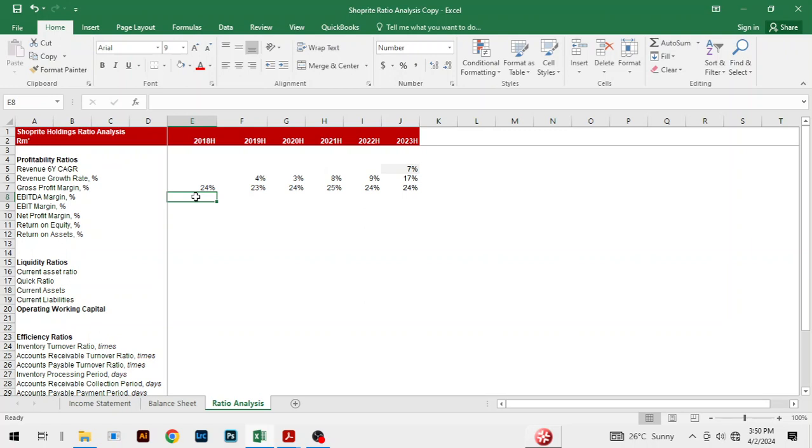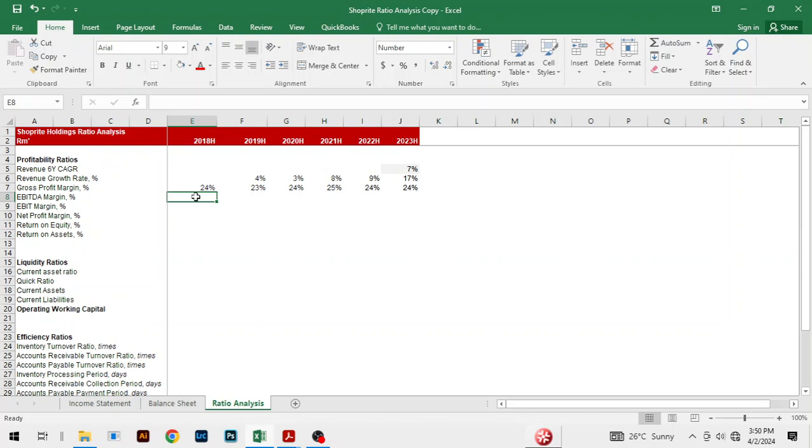So in other words, this is just income from operations. We're just trying to see the efficiency of management to generate a profit from operations.